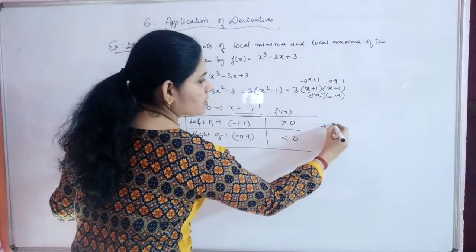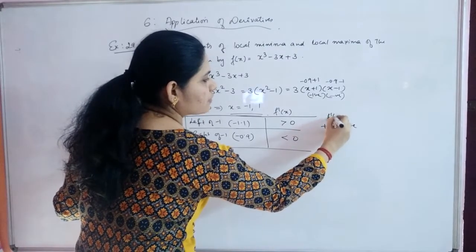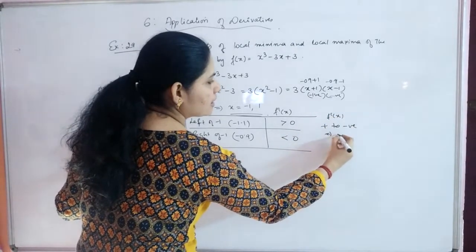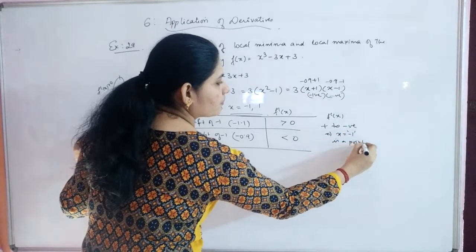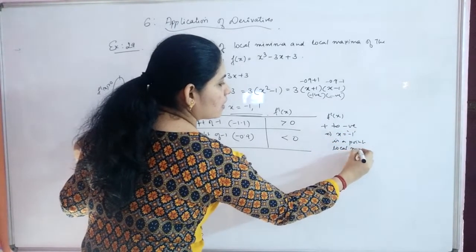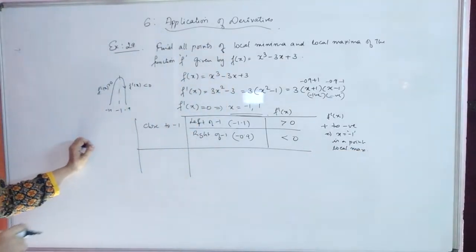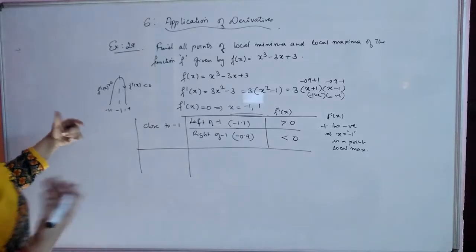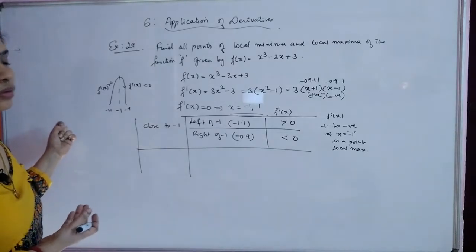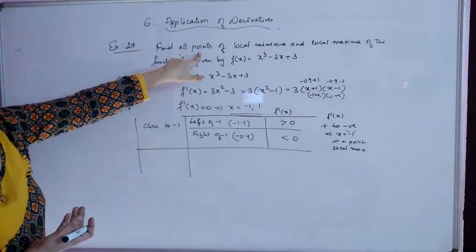When f dash is moving from positive to negative, you can say that point will be a point of local maxima. So minus 1 is a point of local maxima. And how will you find the value of local maxima? They have asked only for points of local maxima.